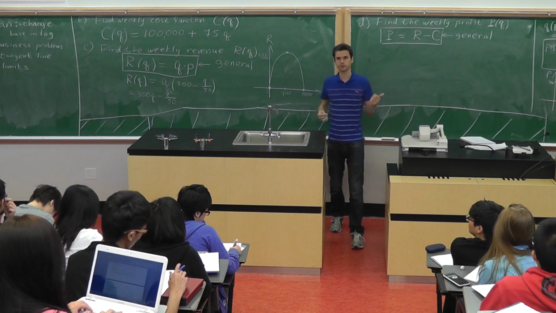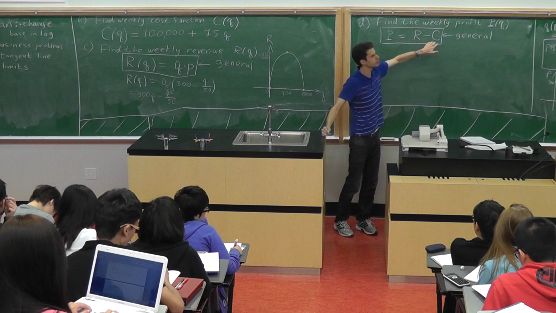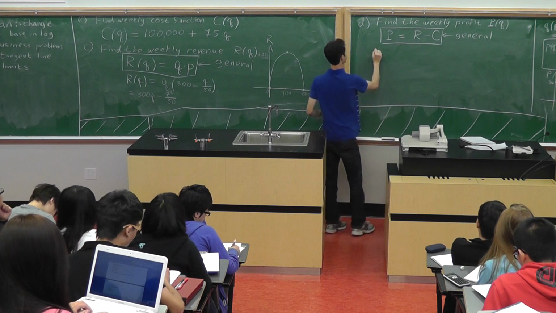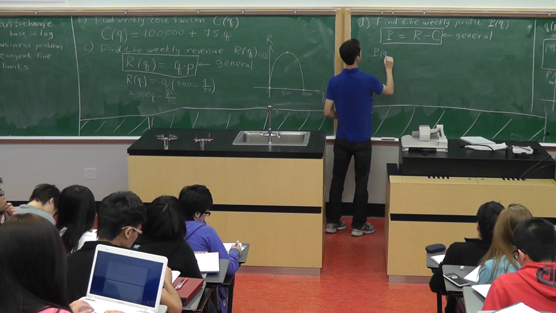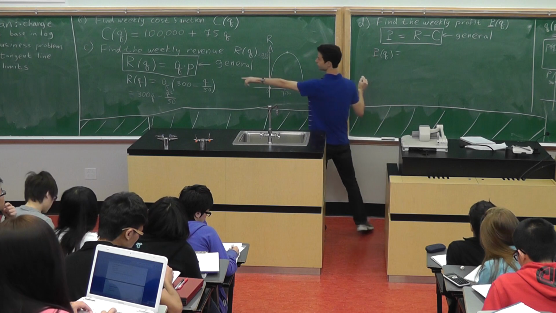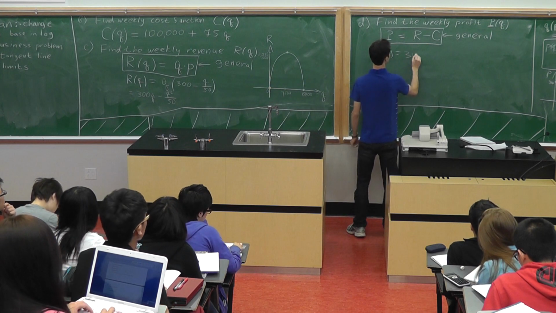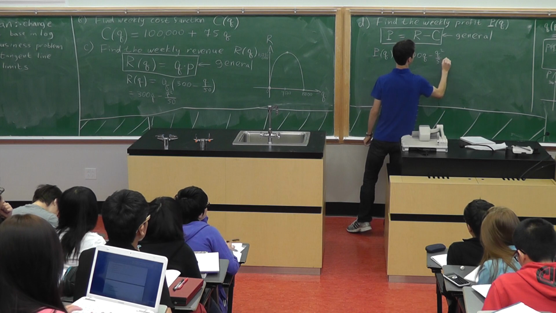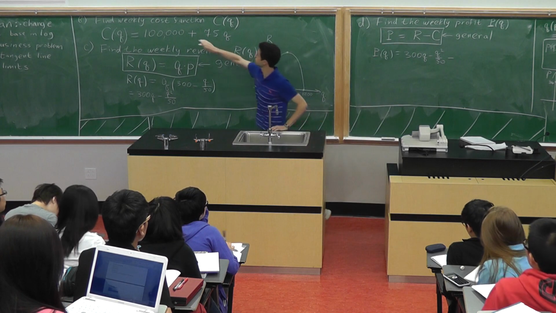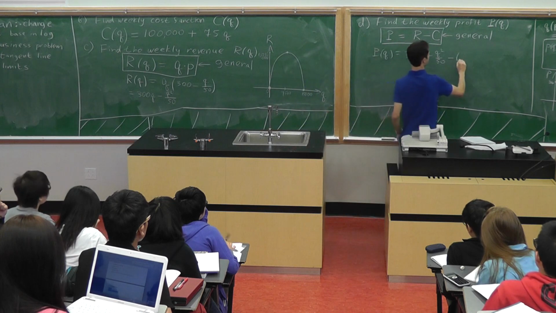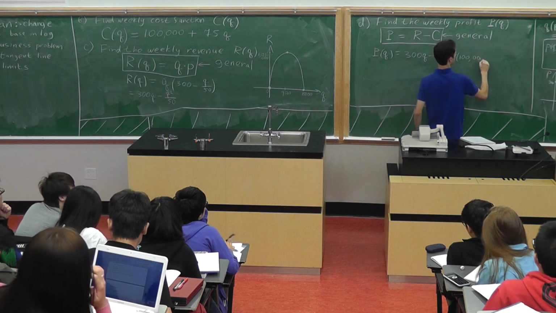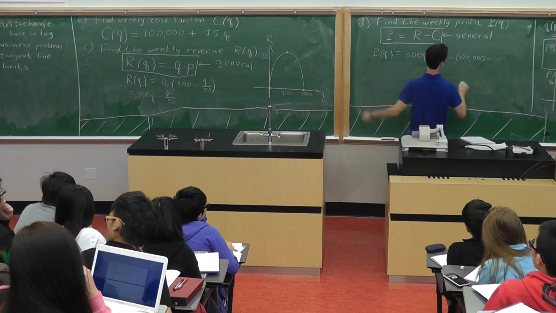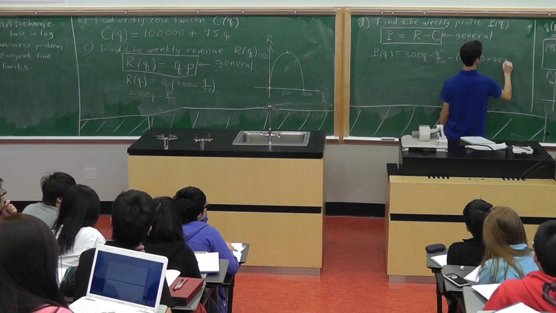And in this problem, we already know what the revenue and the cost are. So the profit as a function of Q is the revenue, this thing, minus the cost, which is this thing, plus 75.